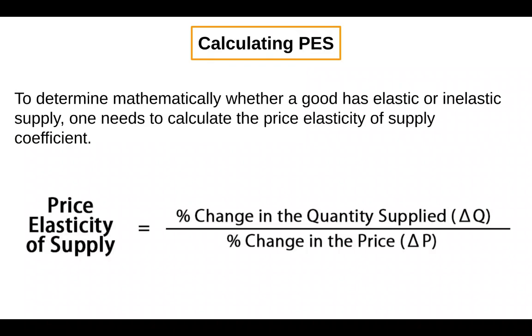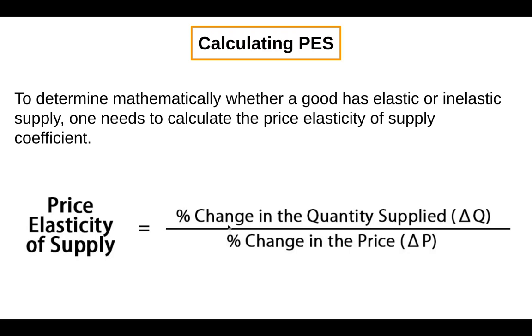If we want a mathematical way to calculate the price elasticity of supply, we have a formula here. This would be the percent change in the quantity supplied divided by the percent change in the price. Now you will notice, I began the video by talking about the price elasticity of demand formula and saying, hey, you need absolute value.